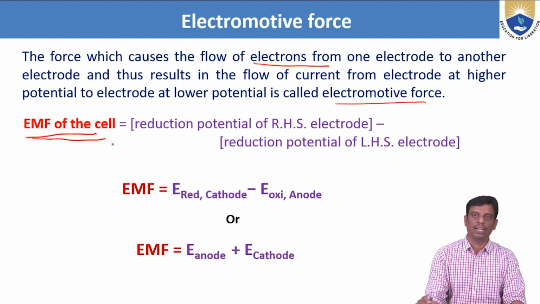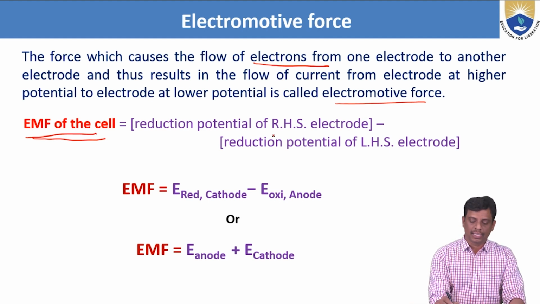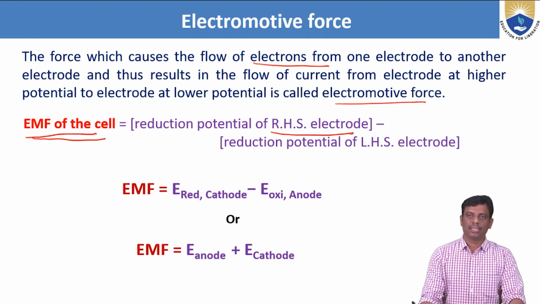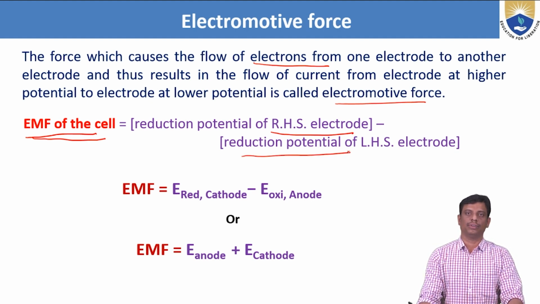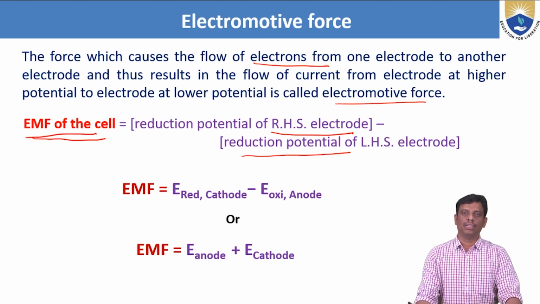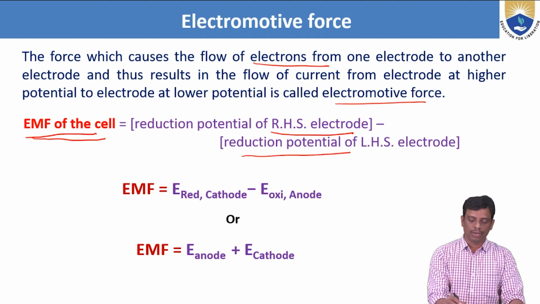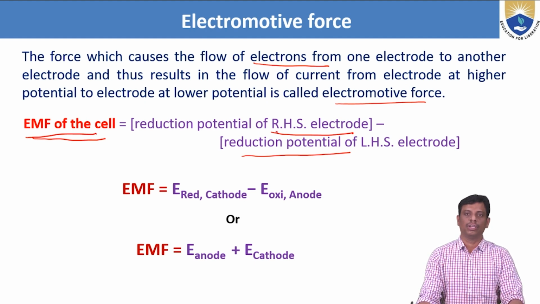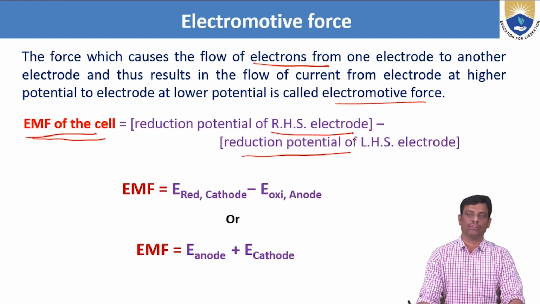So the EMF of the cell is the reduction potential of the right hand side electrode minus the reduction potential of the left hand side electrode. We simply represent this equation with the reduction potential of the right hand side electrode and the reduction potential of the left hand side electrode. We know the left hand side electrode and the right hand side electrode.